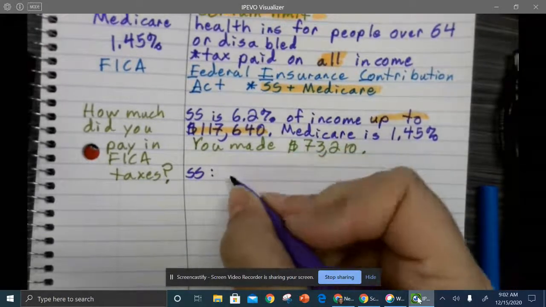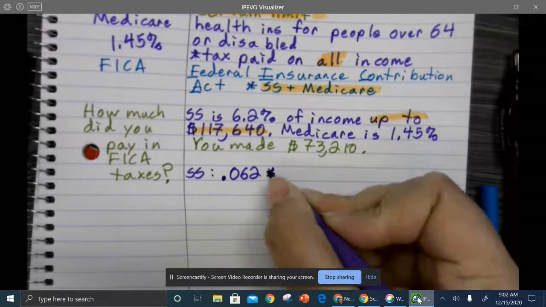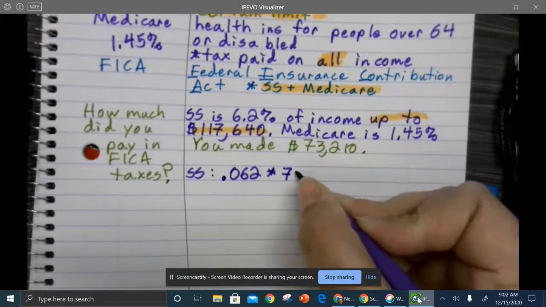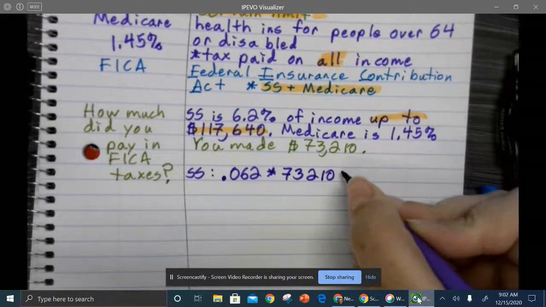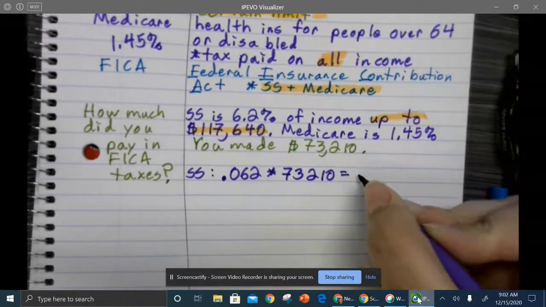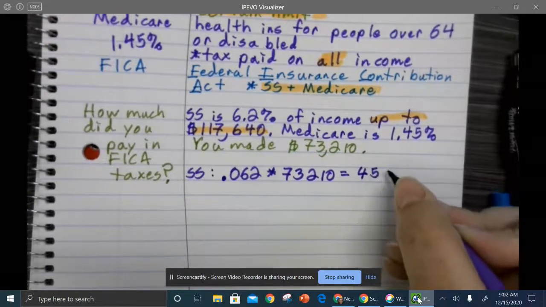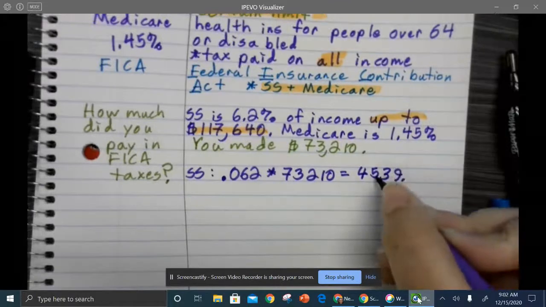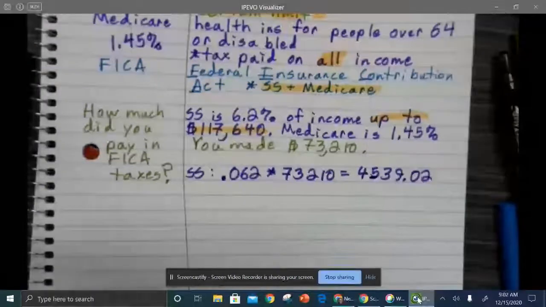So we're going to use all of it for Social Security. Okay, so remember, drop the percent sign and go to the left. So we're going to multiply the Social Security tax percentage times the income. So we get $4,539.02, and this would be annual. And of course, we round to the cents place.